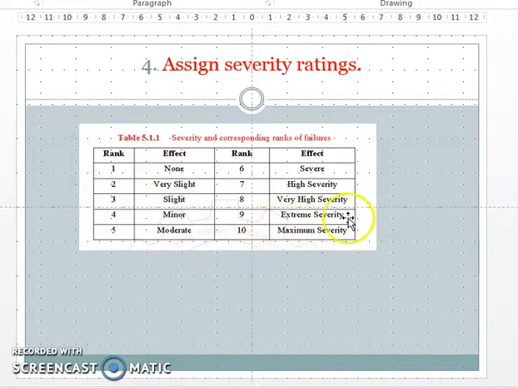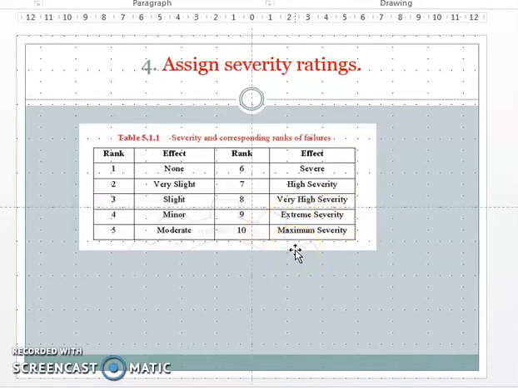If it has maximum severity, then you have to give a rating of 10. Suppose there is a boiler and due to a failure in the boiler or bursting there may be loss of life, then we can say that it has maximum severity.